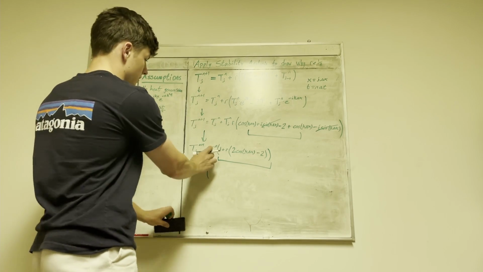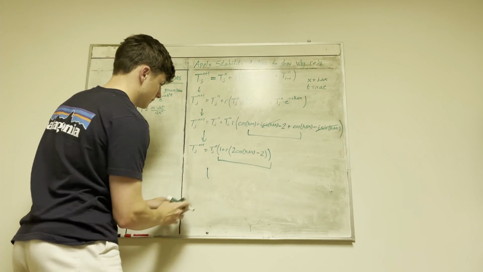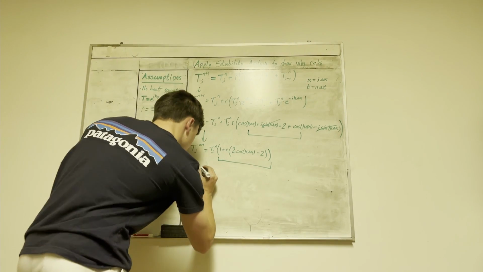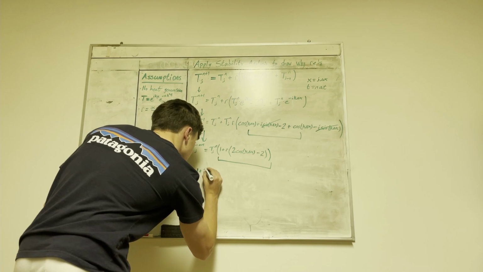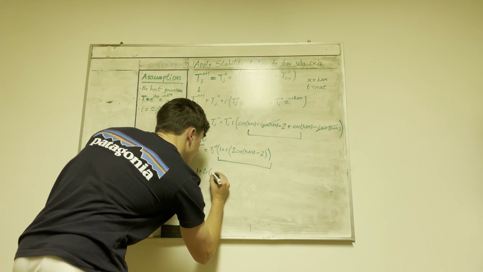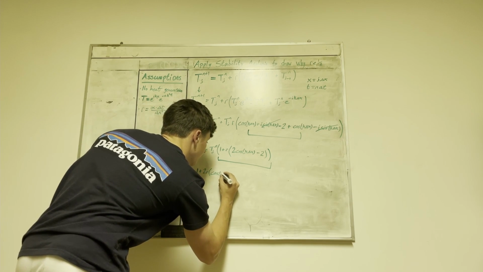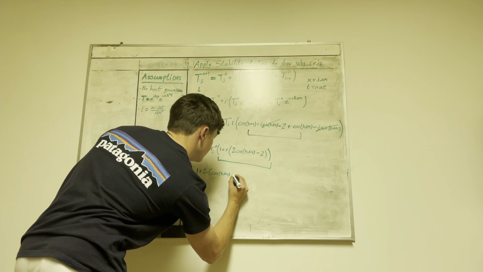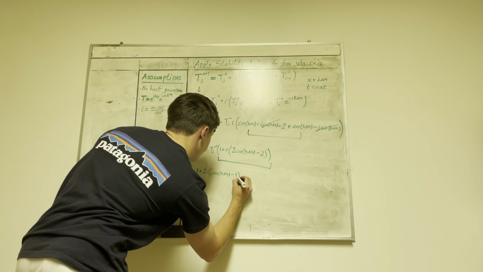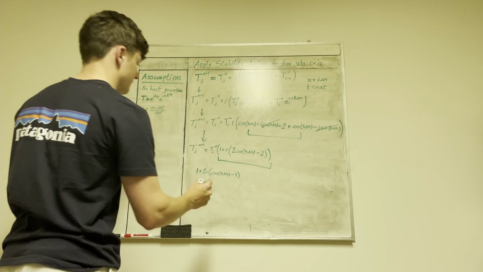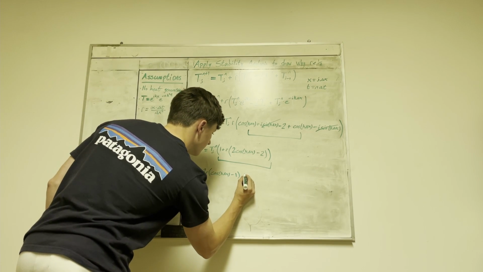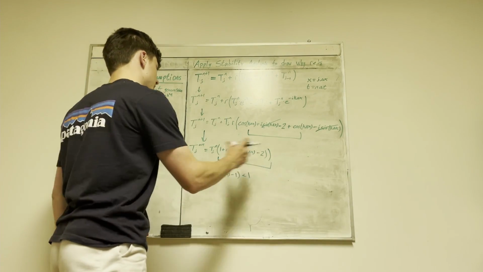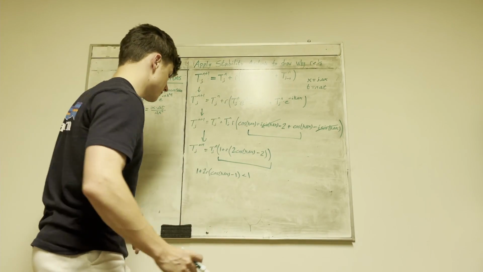So now we're no longer looking at this, we're just looking at this. So then we have 1 plus 2r times the quantity cosine k delta x minus 1, and then this thing has to be less than 1, because if it were greater than 1, it would just continuously increase.